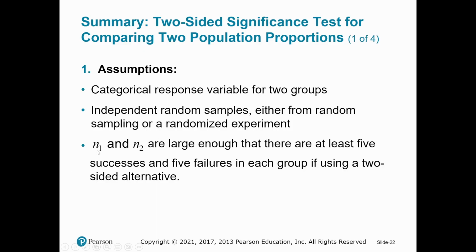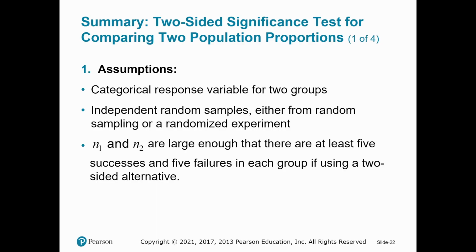The sample size in the first group and the sample size in the second group has to be large enough for that beautiful asymptotic normality, which is where we got that critical value of 1.96 from. That's because this test on proportions has to use the Z distribution.